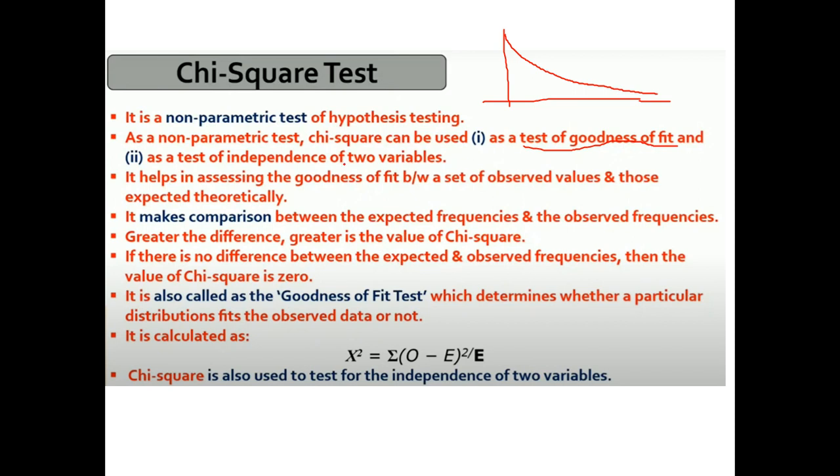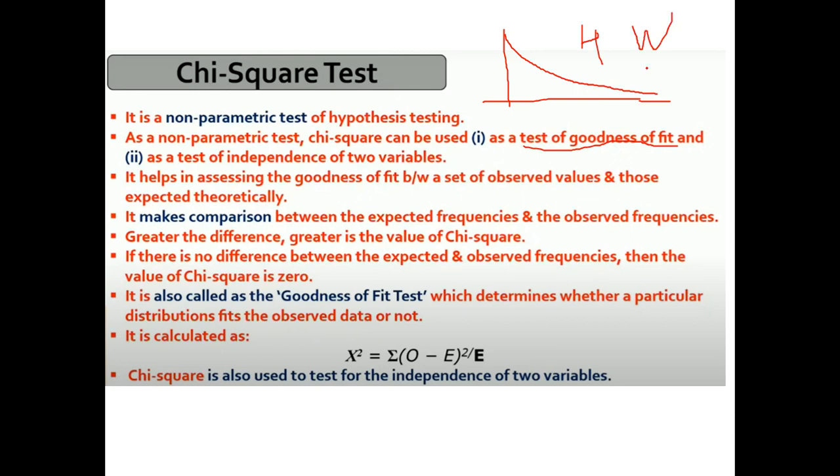And the other is the test of independence of two variables. Is there any correlation between two variables or not? Are they independent or not? Suppose you did some experiment and you are calculating two variables of people, something like height or weight.